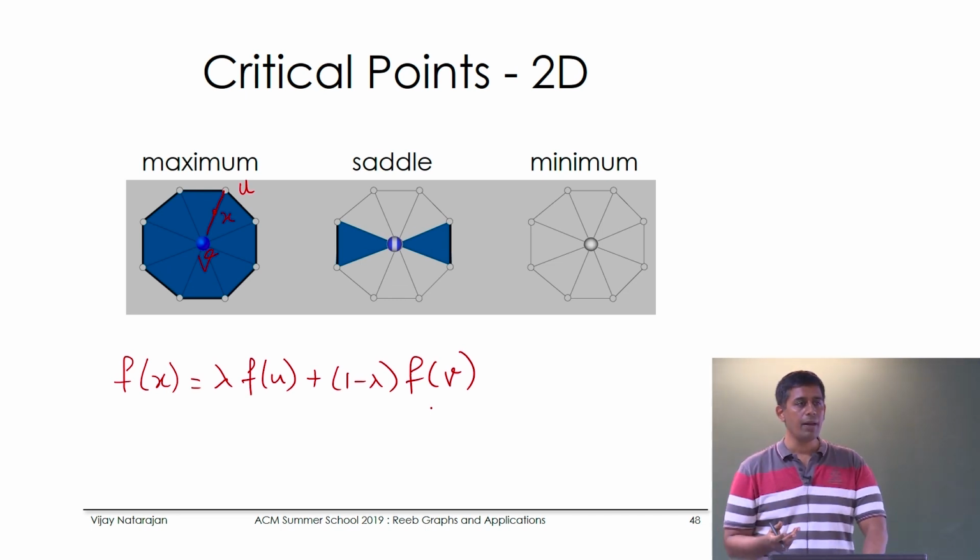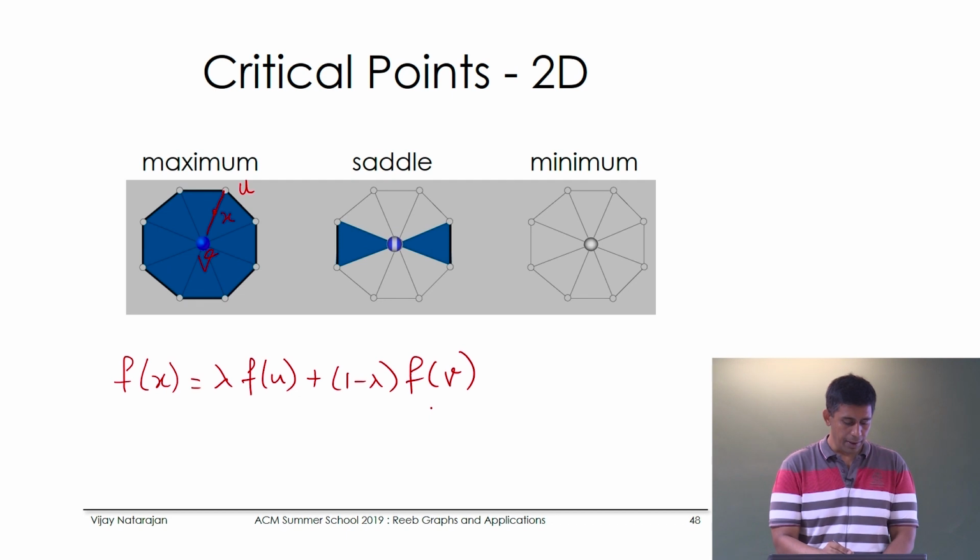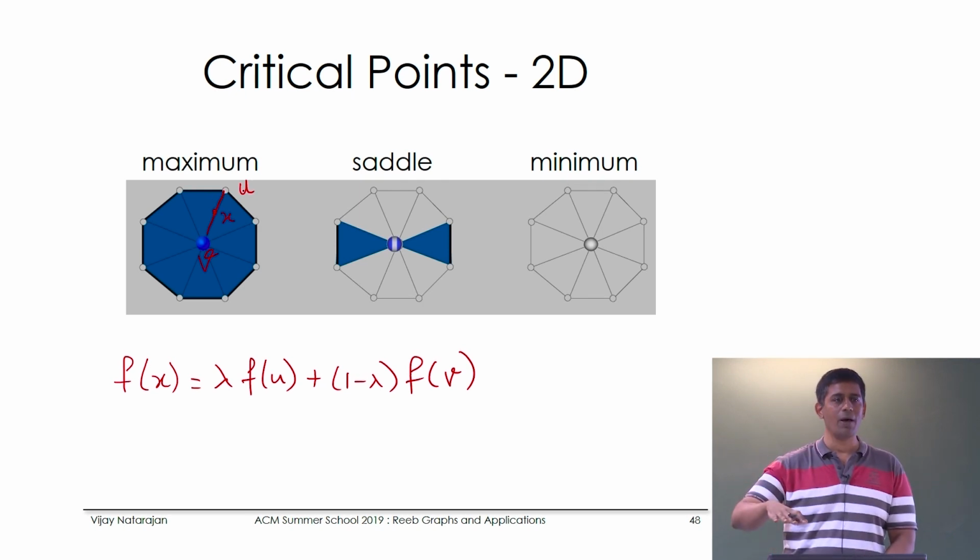So, what does that mean? It means that if u has function value lower than v, then so do all the points x in the edge uv, right. So, if u belongs to the lower part of the star, then the edge will also belong to the lower part of the star.